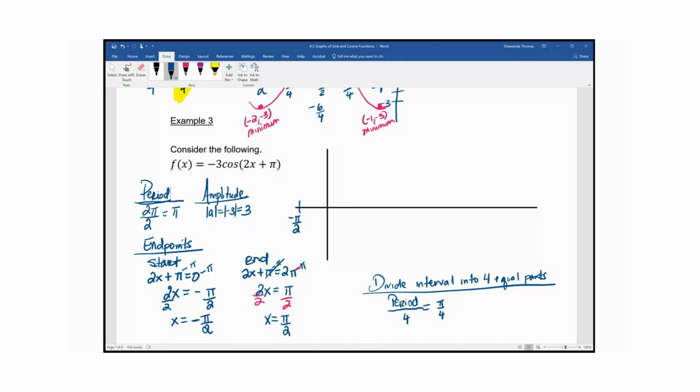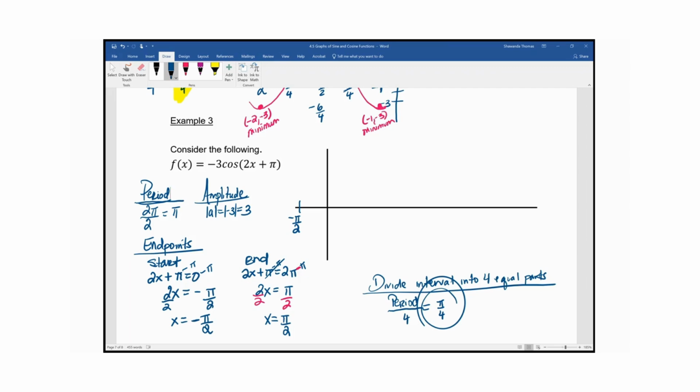What do we need to do to find the next tick mark number that's important? You add, y'all saying right, add what though? Add pi over 4. Let's add pi over 4 to negative pi over 2.